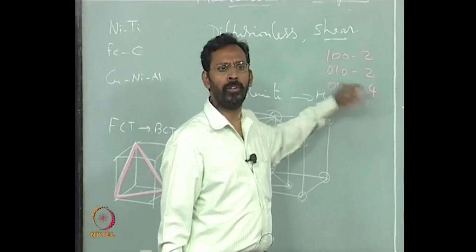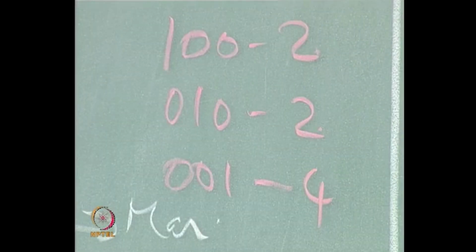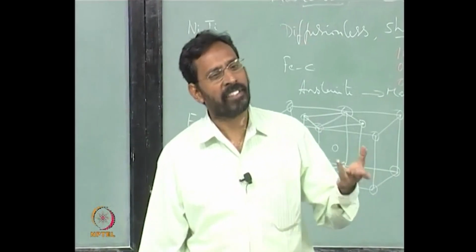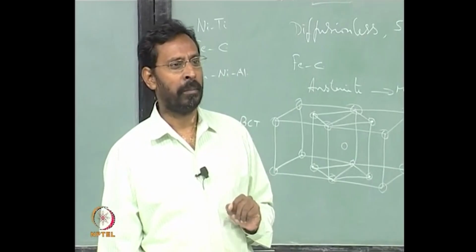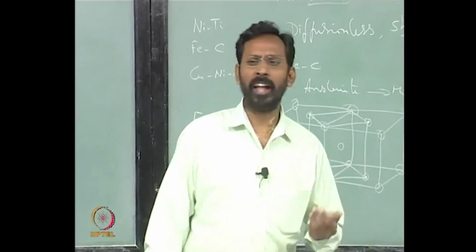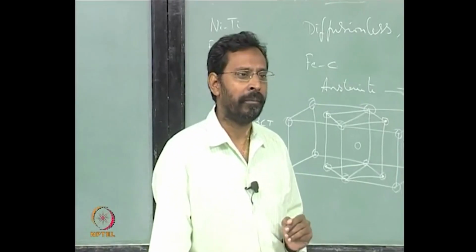That is why in cubic also we say 3 4-folds. We do not actually talk about 4 3-folds. 4 3-folds are a result of 3 4-folds. Am I right? Because a equal to b equal to c and all the angles are 90 degrees, the 3-fold is also coming in.